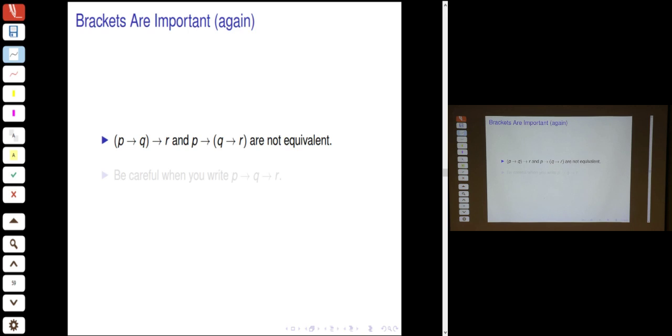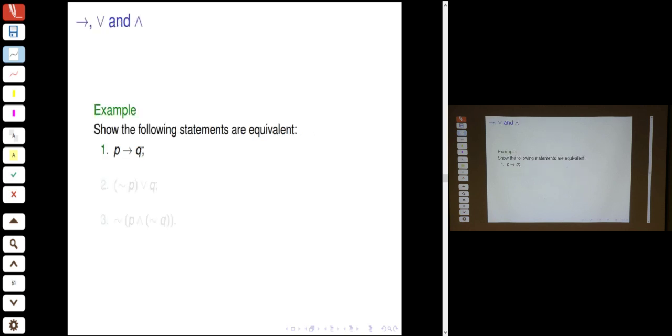This is less obvious than the AND and OR examples. Please draw truth tables and see how it goes. So if you write this, it doesn't make sense unless you say, when I write this, I mean that. But if you just write this, I don't understand you.